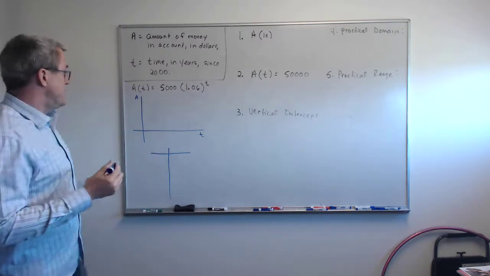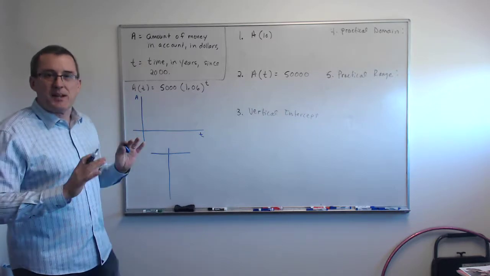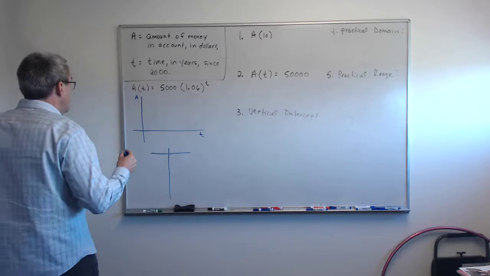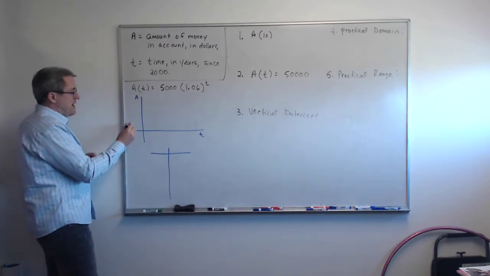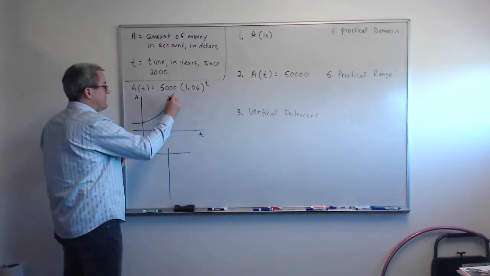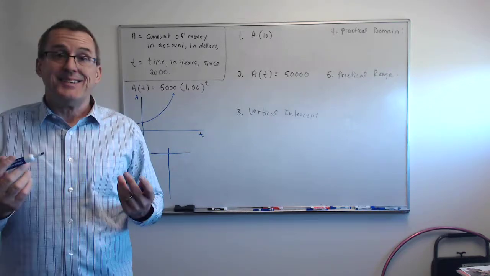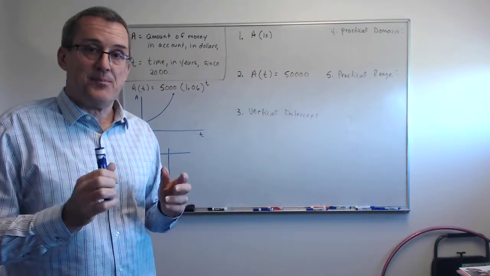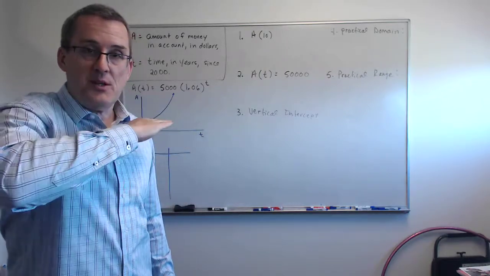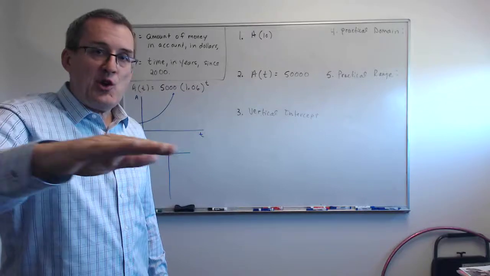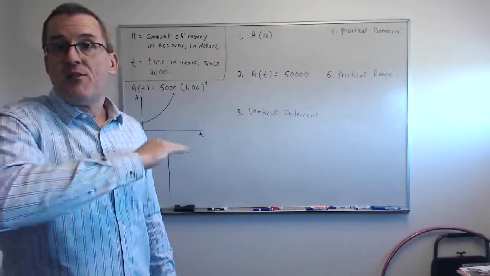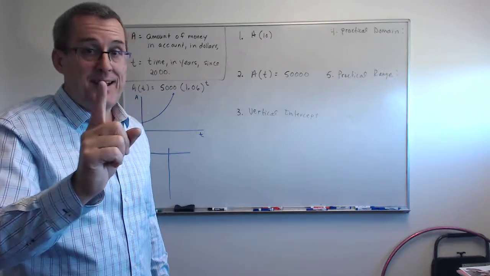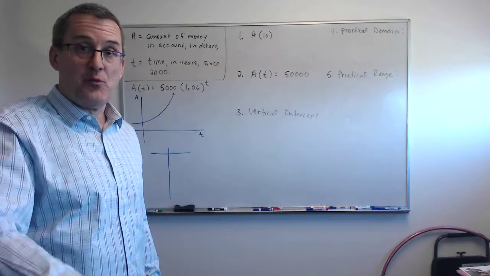Now, this function, you don't have to know this, but I just want to get at that. If you had a graph of the situation, maybe that's presented to you, the graph of this situation would look like this. And this is indeed a function situation. The definition of function is this: for every input, for every value on that horizontal number line, for every domain value, there can be one and only one, that is, exactly one output.